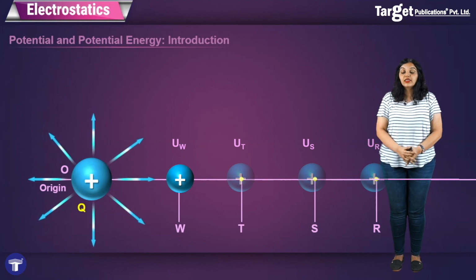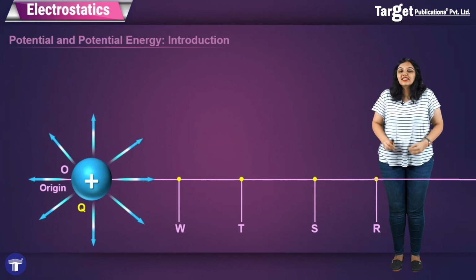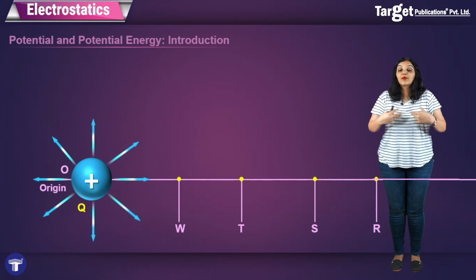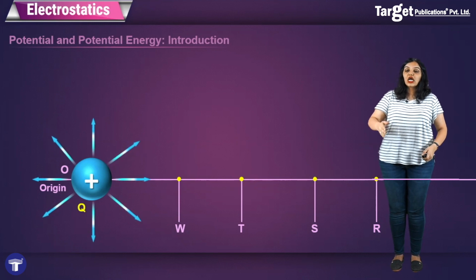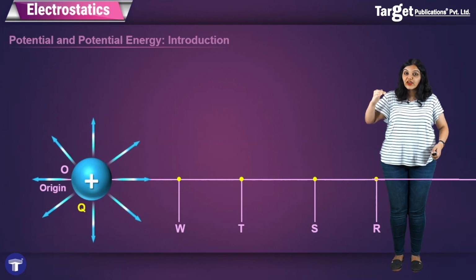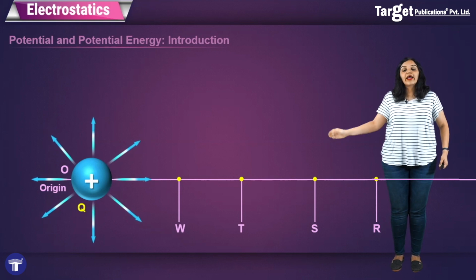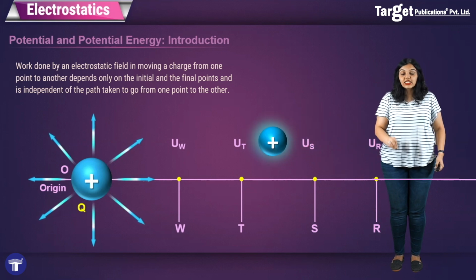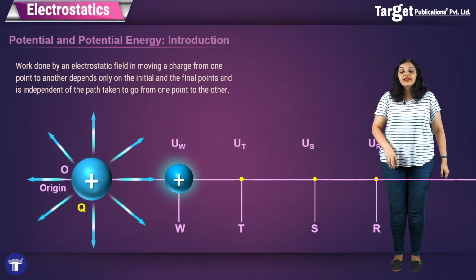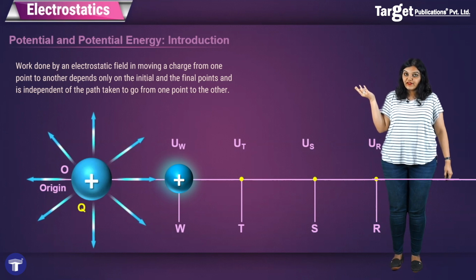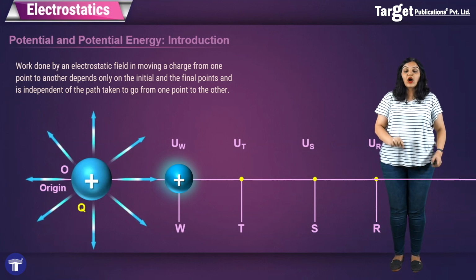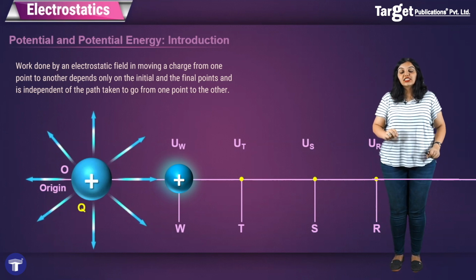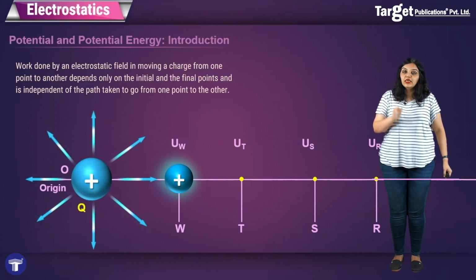The potential energy is conservative, which means it is path independent, which means that instead of bringing this charge from infinity in some perfectly nice straight line, if I had brought it randomly from any direction and placed it at the point W, then because the initial point, that is infinity, and the final point W are the same, the potential energy that this charge will have will still be UW.